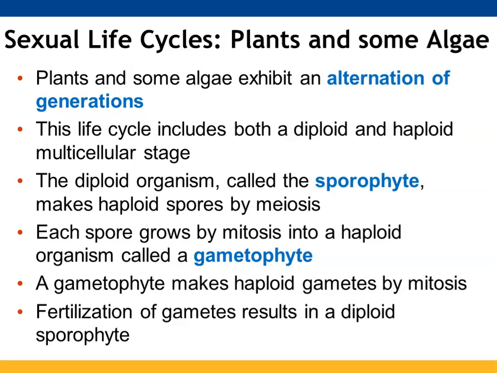Those spores will reproduce via mitosis into a haploid organism, which is called a gametophyte. The gametophyte is able to produce haploid gametes just via mitosis. It's already haploid. It doesn't need to reduce its chromosome number. You have to have haploid gametes fertilize to be able to produce that diploid sporophyte.